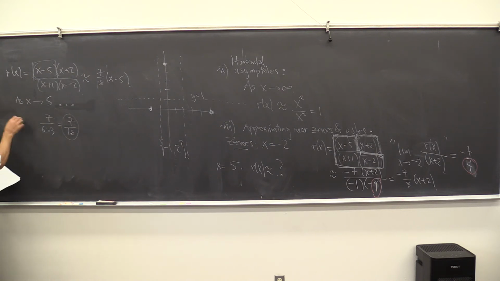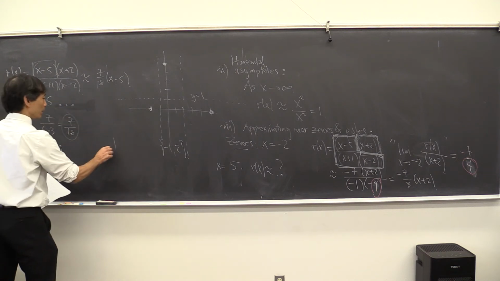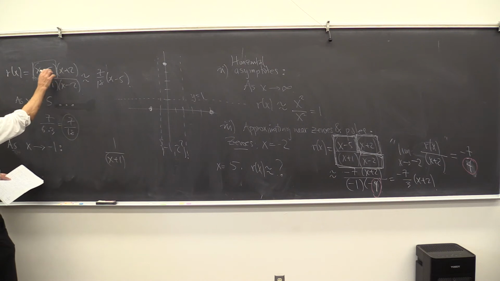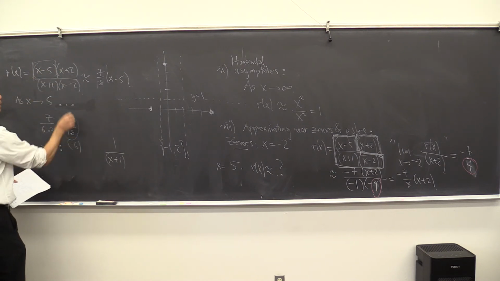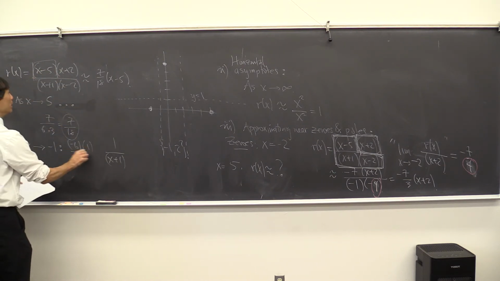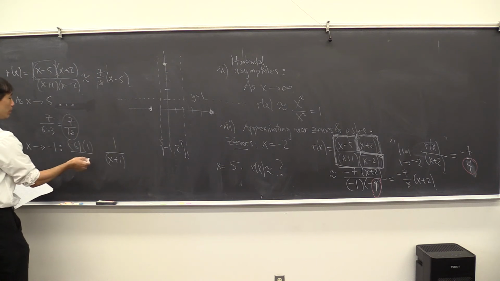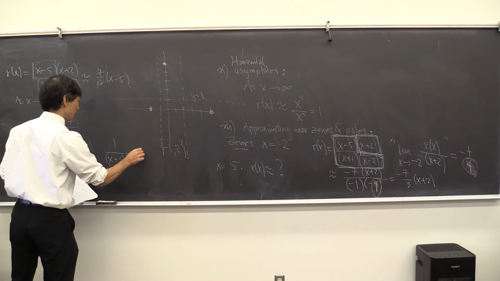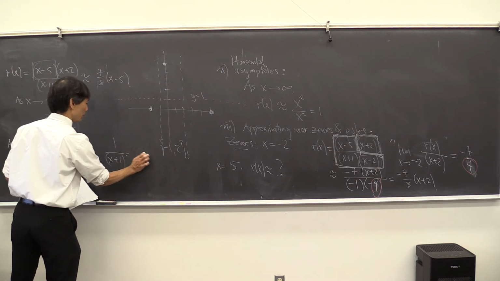Right. So as x goes to -1, you're going to keep the 1 over x plus 1, and then just evaluate the other guys. So you get -6 times 1 divided by -3, and so you get 2 over x plus 1.